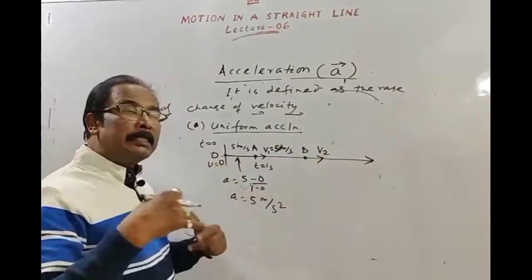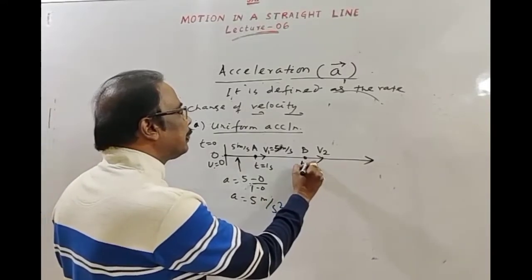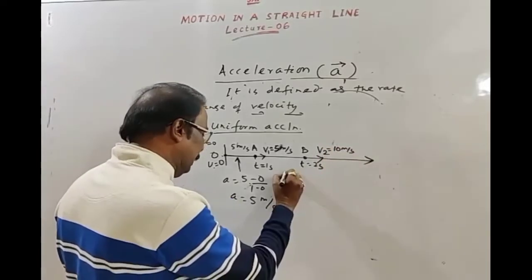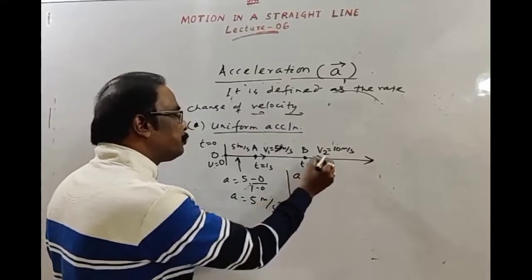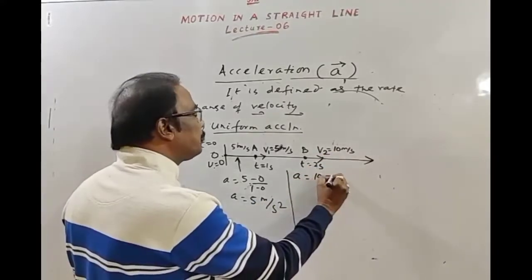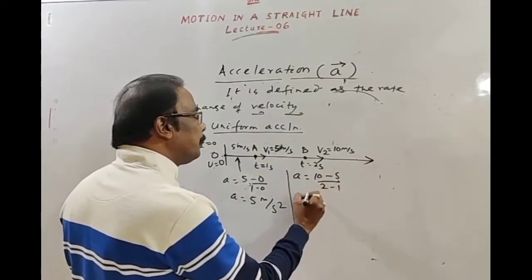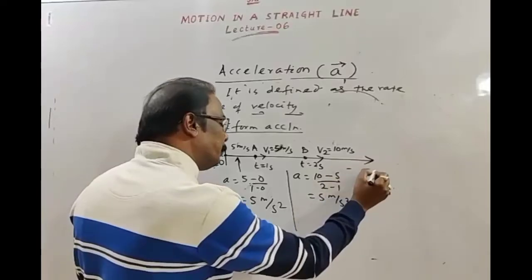For equal change in velocity in equal interval of time, you may take time as 2 seconds and velocity as 10 meter per second. Then from A to B, acceleration is change in velocity, 10 meter per second minus 5 meter per second, divided by change in time, 2 minus 1. Again it comes to 5 meter per second square, and so on.